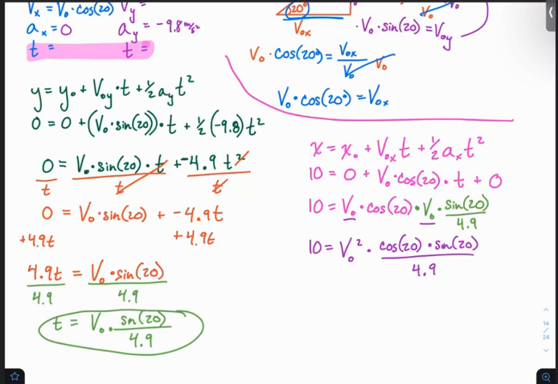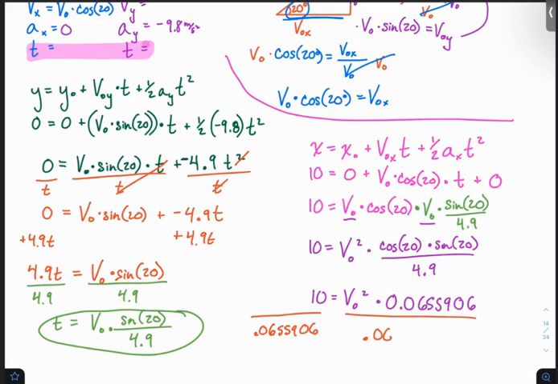And at this point, I'm going to put it into my calculator and get a number. All right, so when I type that in, I get 0.0655906. Now, if you are using a calculator, you're going to want to keep that number in your calculator because I'm going to want to divide both sides by that number. And so I want it to be as precise as possible.